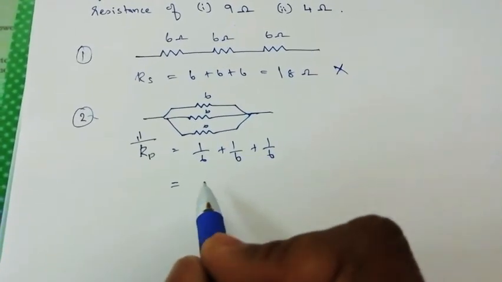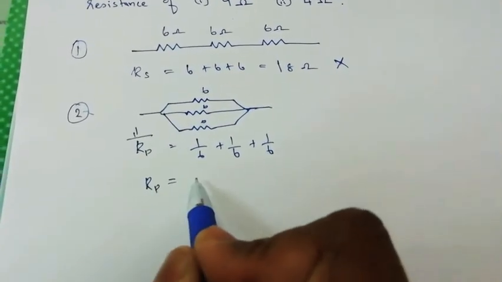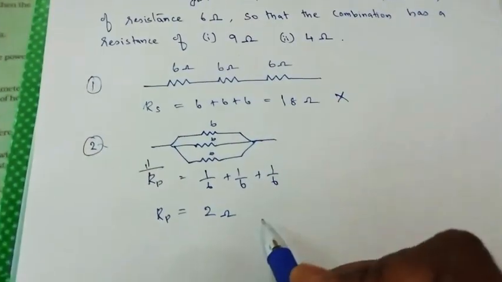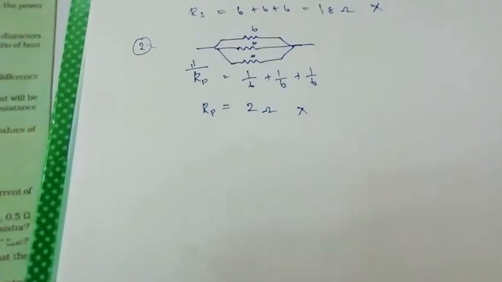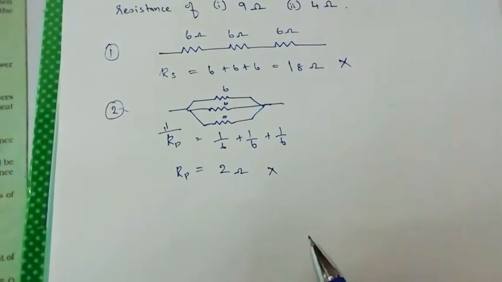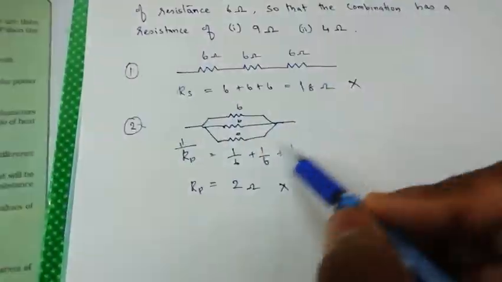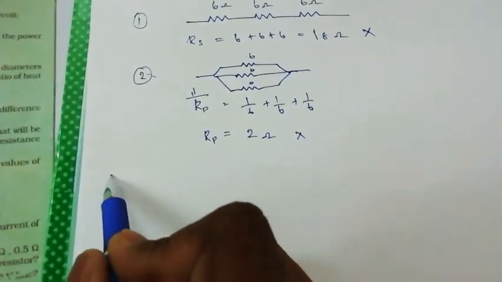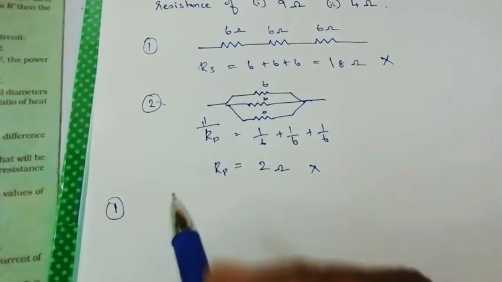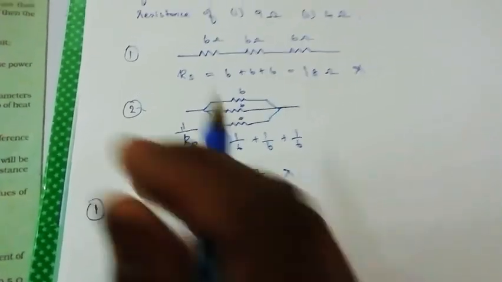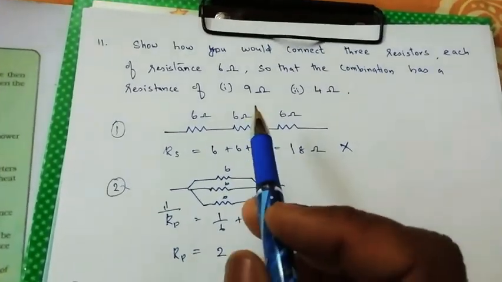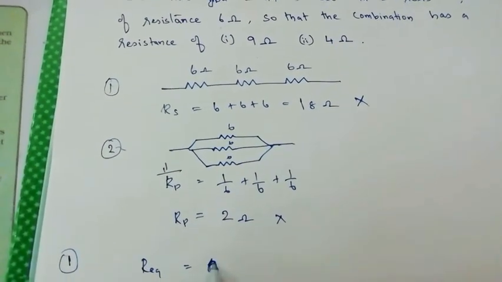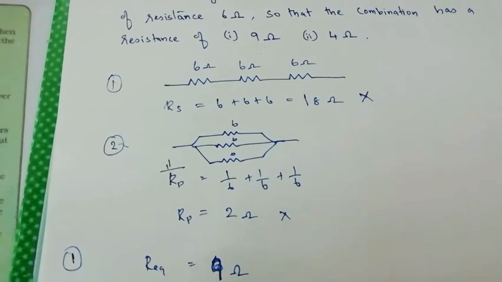The answer comes as Rp is 2 ohms. That is also not coming, right? So we need to think what kind of combination we can use. First we try to find the resistance of 9 ohms. How to do this?